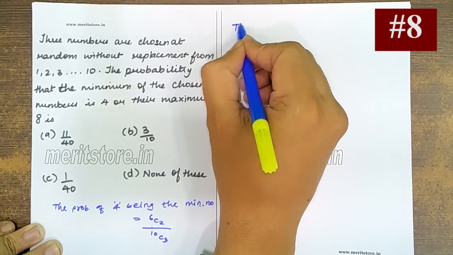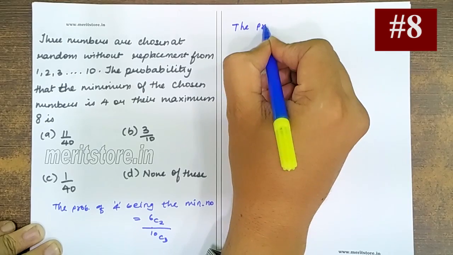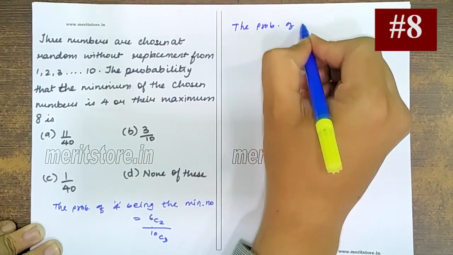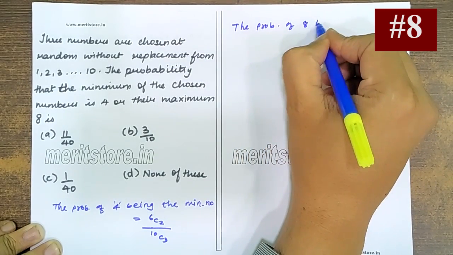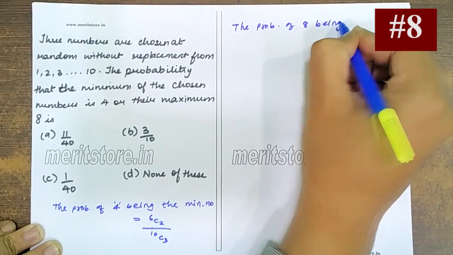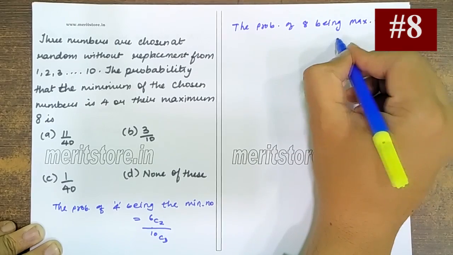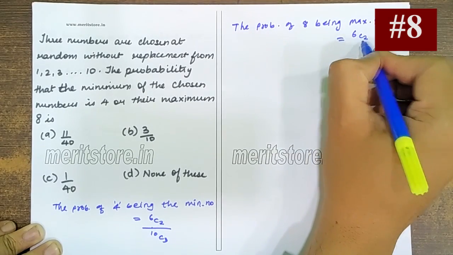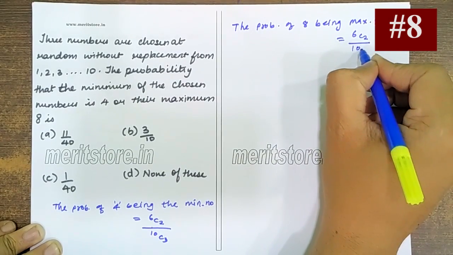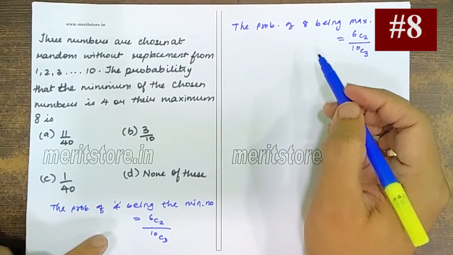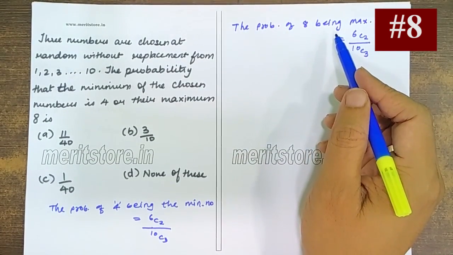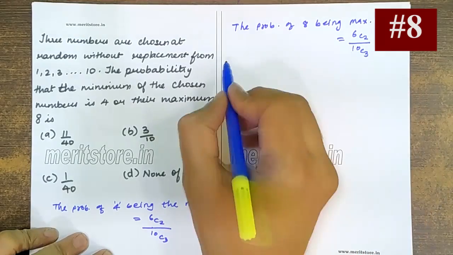Now the probability of 8 being the maximum number is equal to 6C2 upon 10C3. The same way as we have selected 4, here we can select 8 as the maximum number.